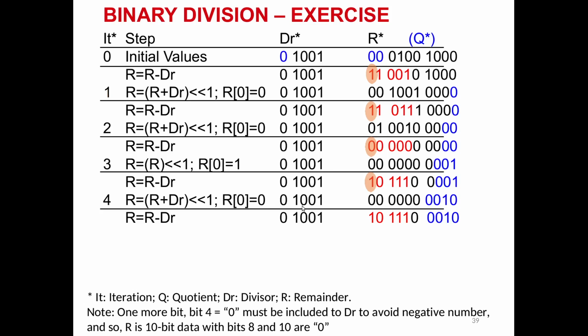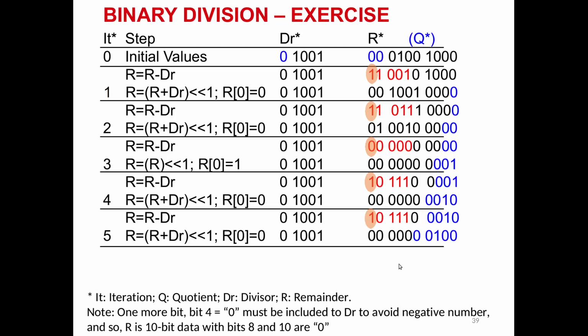We minus DR. The result is 1 0 1 1 1, and this most significant bit is 1, and so we need to restore R back to the previous value, which is all 0 here, and we need to shift it 1 bit to the left by pushing 1 bit of 0 to the right of R as the result of current Q. And so the new value of Q will be 0 0 1 0 0.